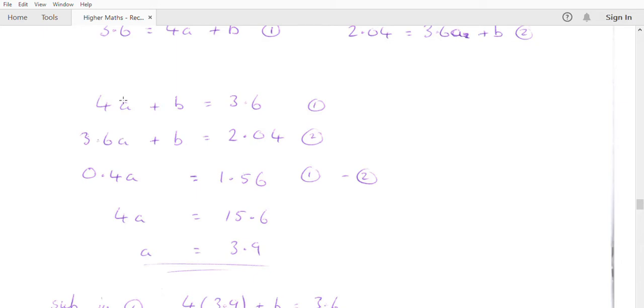So subtracting, we get 0.4a, b minus b is 0, so we've eliminated the b terms. 3.6 subtract 2.04 is 1.56. So we've got 0.4a equals 1.56, and we could have this in an uncalculator paper, so we do need to know how to solve this for a. What I would suggest doing is multiplying both sides by 10, which would leave us with 4a equals 15.6.